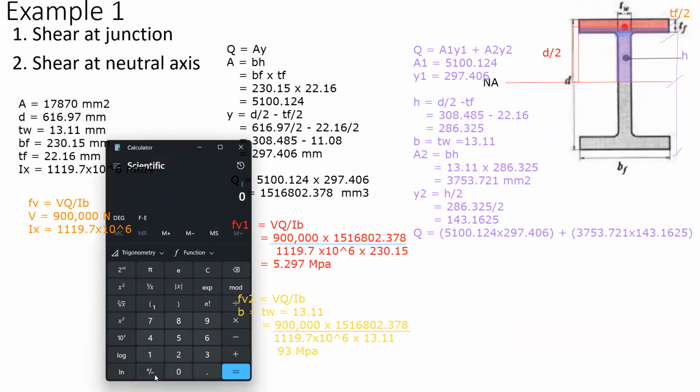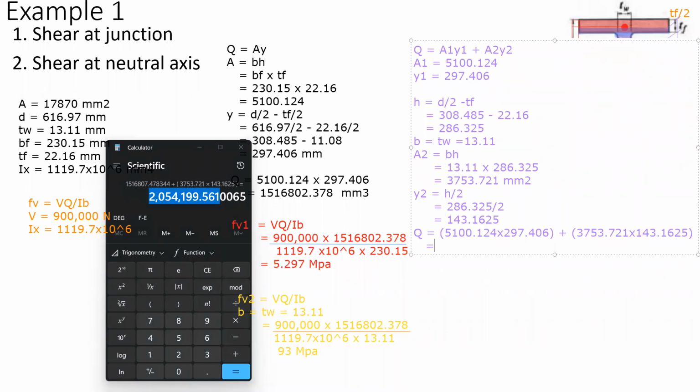We have 5100.124 times 297.406 plus 3753.721 times 143.1625. Okay, and Q would now be 2054.199561. Ayan.